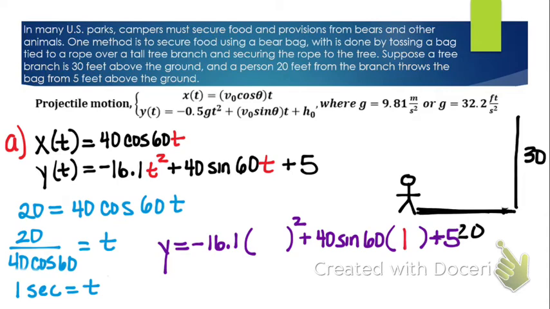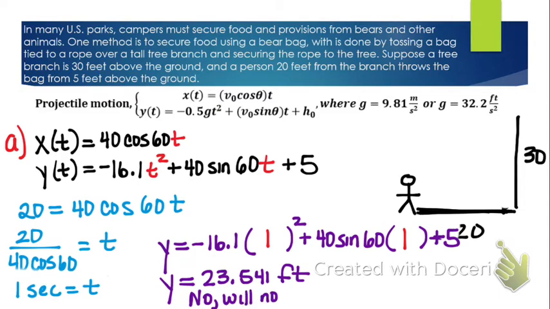Go ahead and type in the 1. Type that in your calculator and see what your vertical height would be at 1 second. We need it to be more than 30, because we want to see, is it going to go over the branch? And the first time you should get that the vertical height is 23.541 feet. So no, it does not go over the branch.